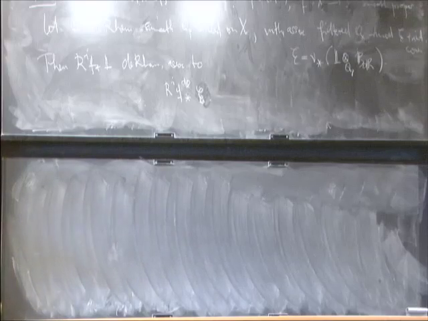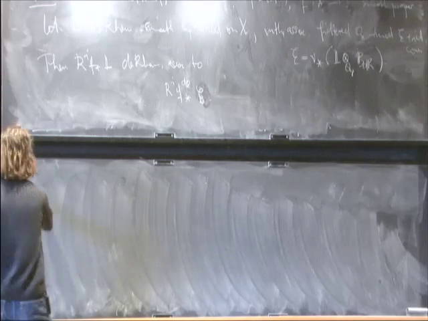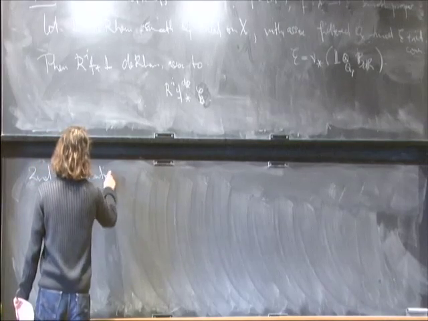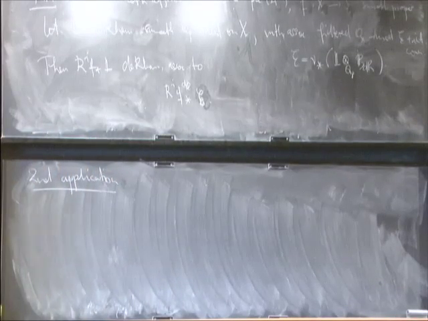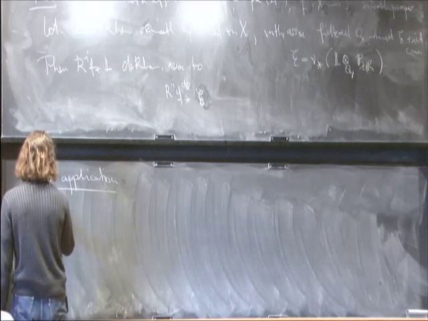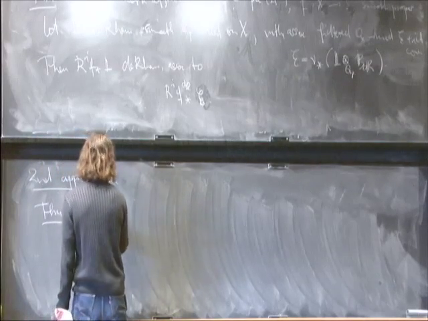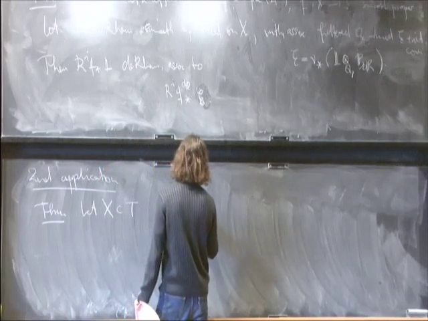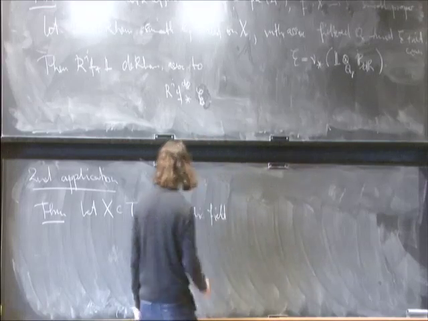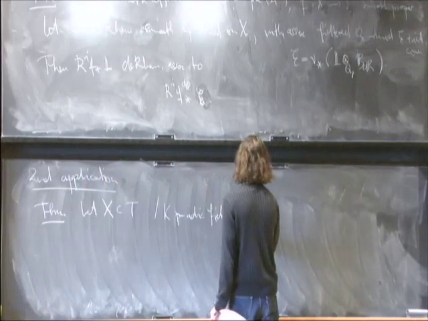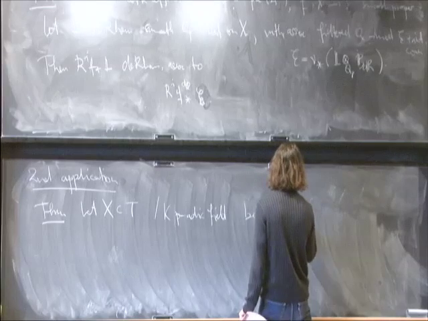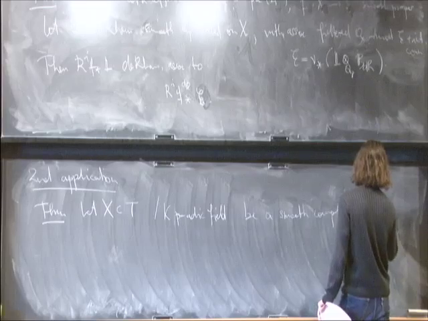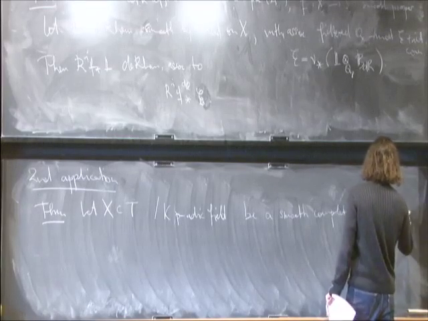Okay, and now in the last 3 minutes, I want to give a second application, which is the following theorem. Let X over K, a p-adic field, be a smooth complete intersection in a proper toric variety.